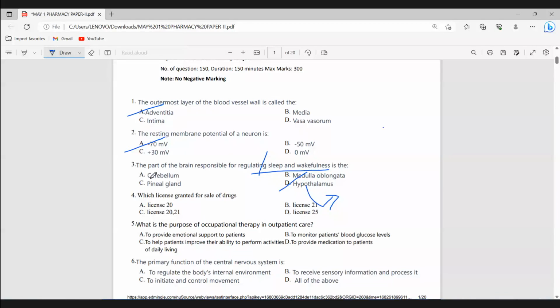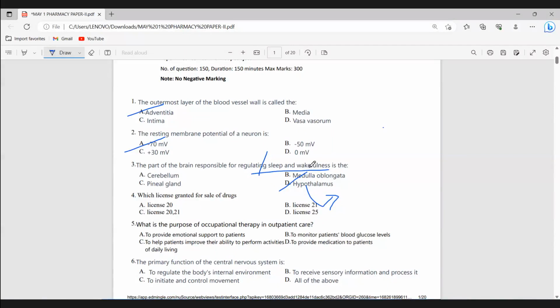This pineal gland also secretes melatonin, and it also regulates sleep-wake cycles. The pineal gland and the suprachiasmatic nucleus both play an important role in regulating sleep and wakefulness.